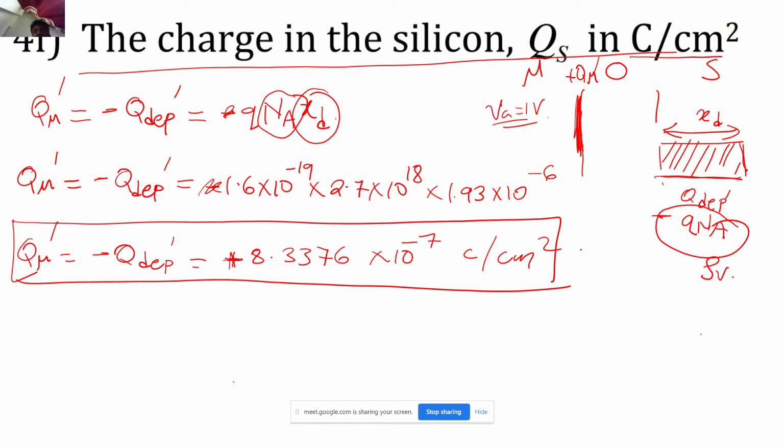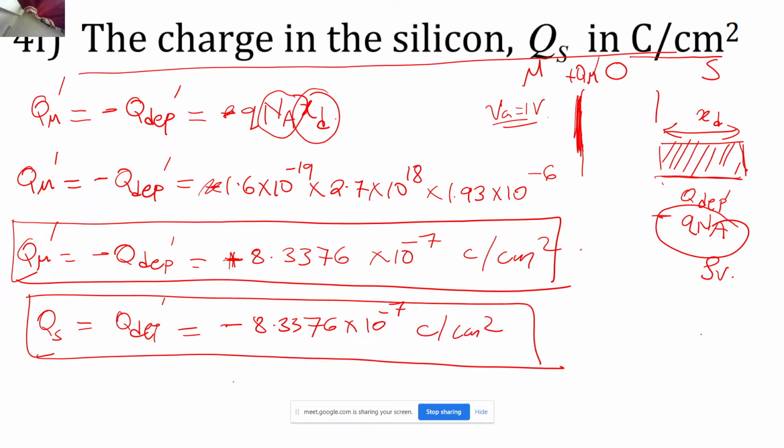So the charge in the silicon will be what? The Qs will be nothing but Q depletion. This will be equal to minus of 8.3376 into 10 to the power minus 7 coulombs per centimeter square, correct? So this is what they had asked in the question, right? And corresponding to that, our Qm' will be just a positive term, right? So this was another question.